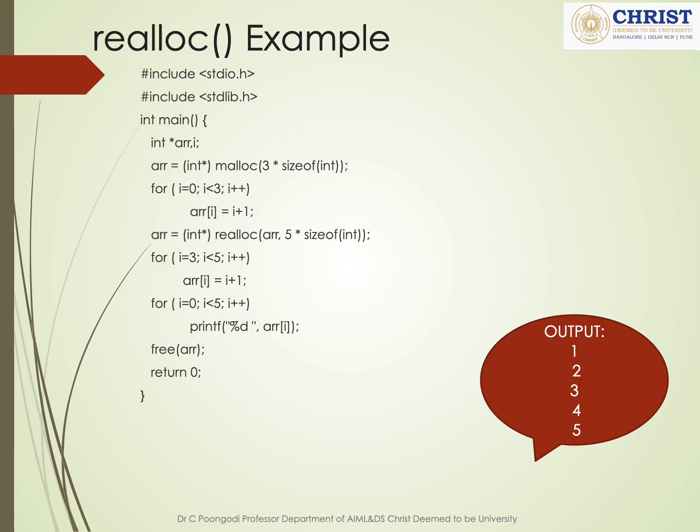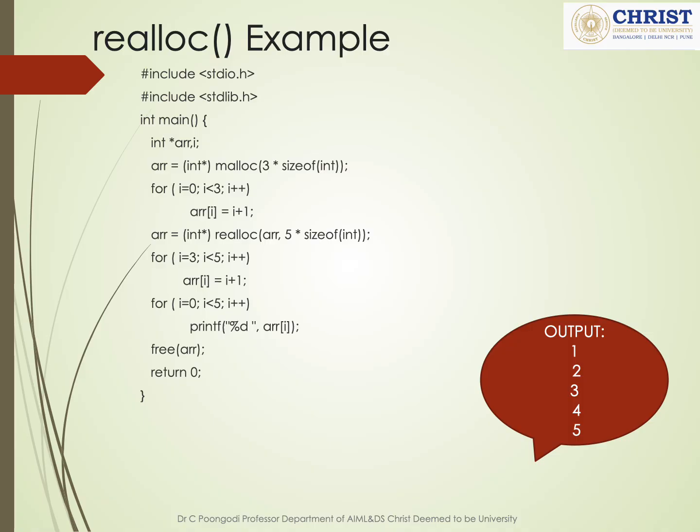And what is realloc? Realloc is used when you have defined a number of bytes for a variable and later want to extend or increase the size of the same variable; you can do it with realloc. See here, initially malloc is used to create an array of 3 numbers.